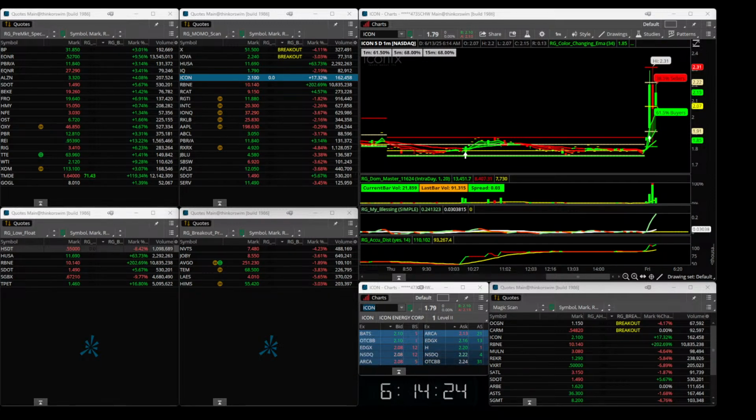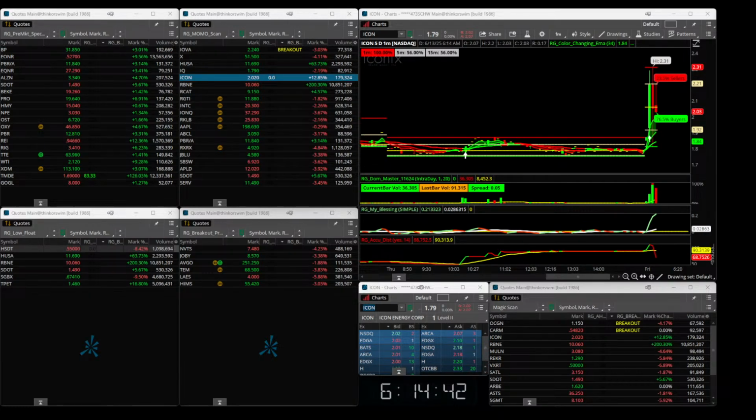If I can't determine which direction it's going, I don't want any part of it. Looks like the obvious pump and dump to me.